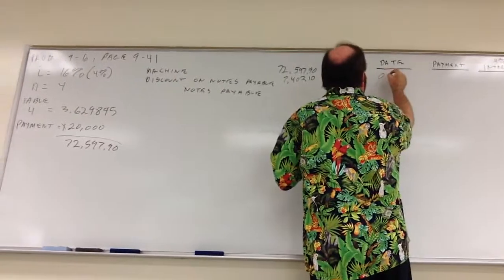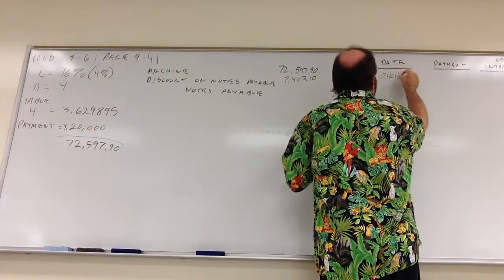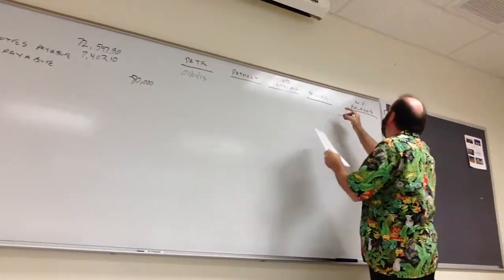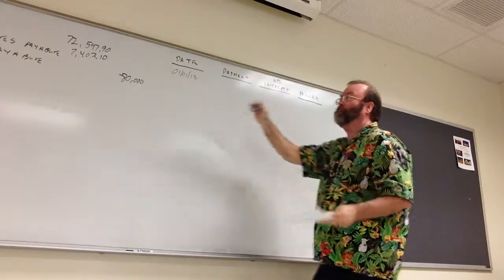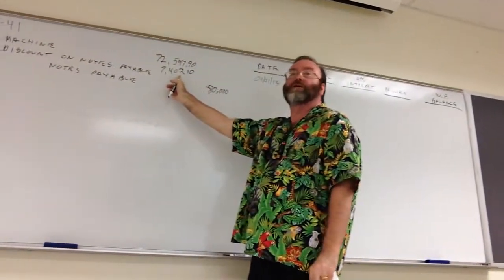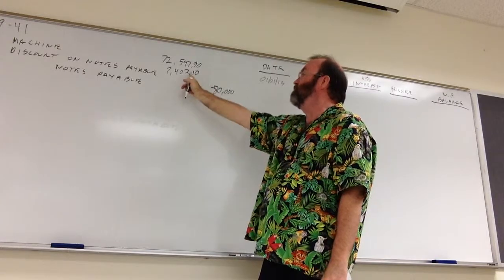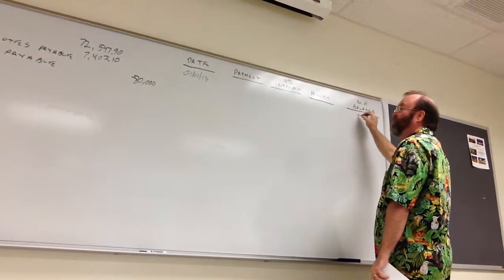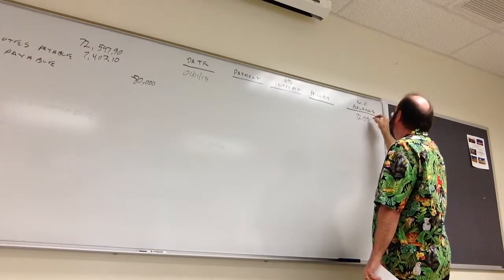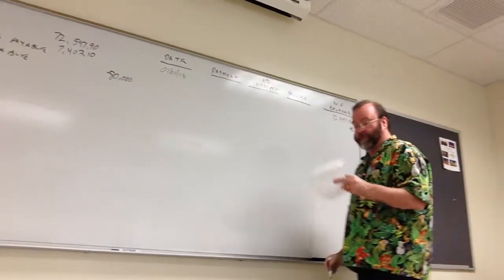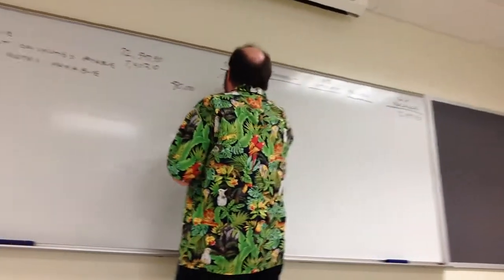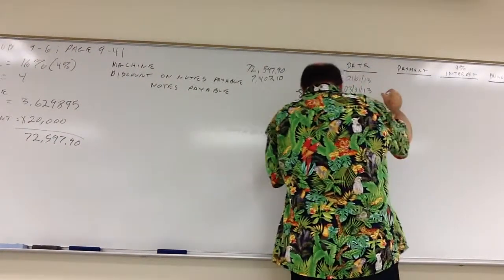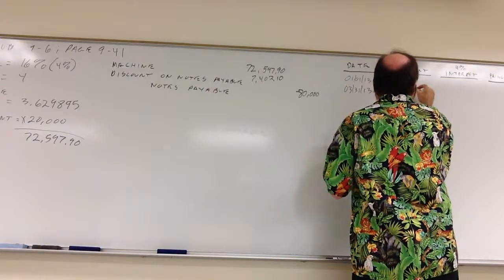So on January 1, 2013, when we bought this machine, the note payable effective balance, because this is a contra liability account, you take the full $80,000 and subtract the contra liability, and you get the balance of $72,597.90. We're going to make quarterly payments. So the first quarter is March 31st, 2013, and we're making a payment of $20,000.